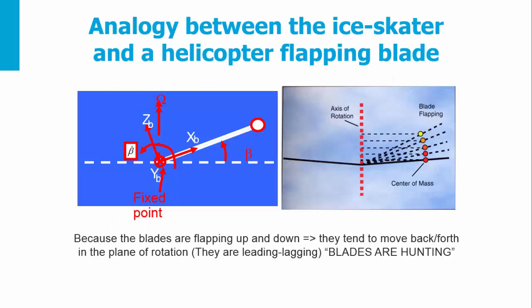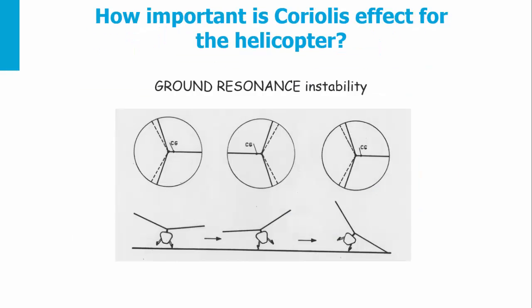If we have the same effect in a blade, it means that because the blades are flapping up and down, their center of mass will move, and they will tend to move back and forth in the plane of rotation due to these Coriolis forces which appear in the non-inertial system of reference. It is called that blades are hunting. This Coriolis effect is very important, as we will see they cause the so-called ground resonance instability.